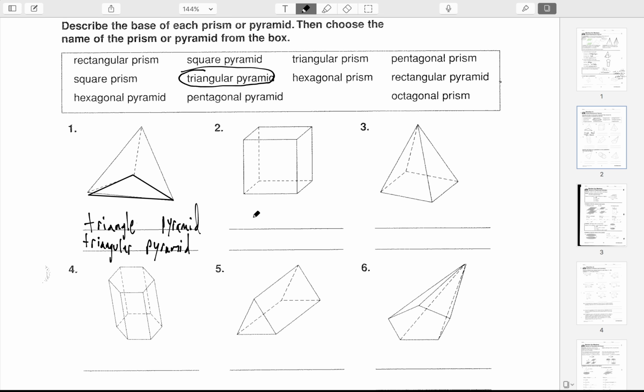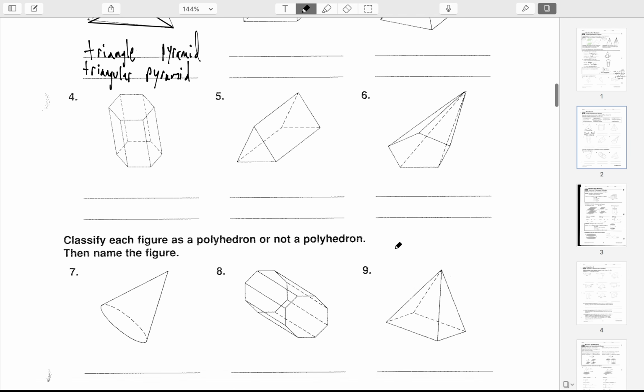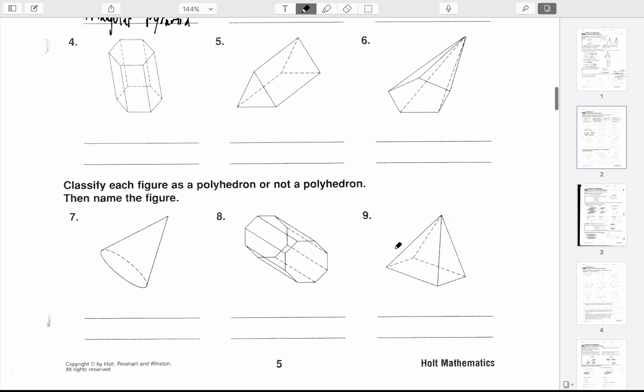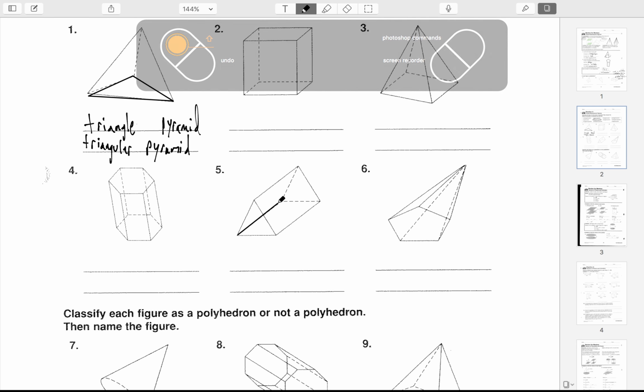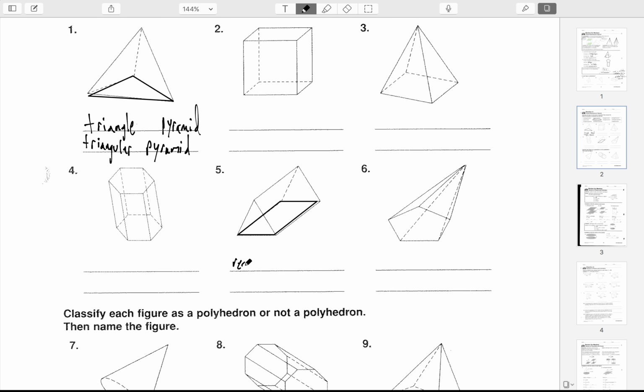Okay, so number 2 is pretty easy. Let's go to number 5. So I'm looking at the base here, and the base is going to be a rectangle, and this looks like it's going to be a prism.